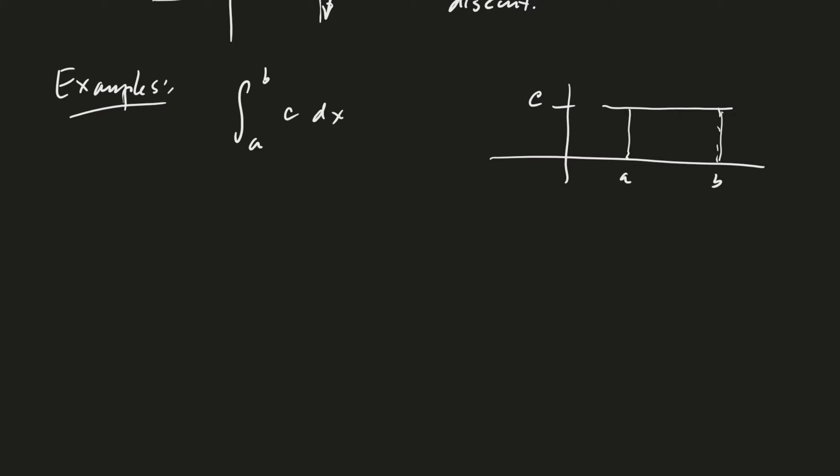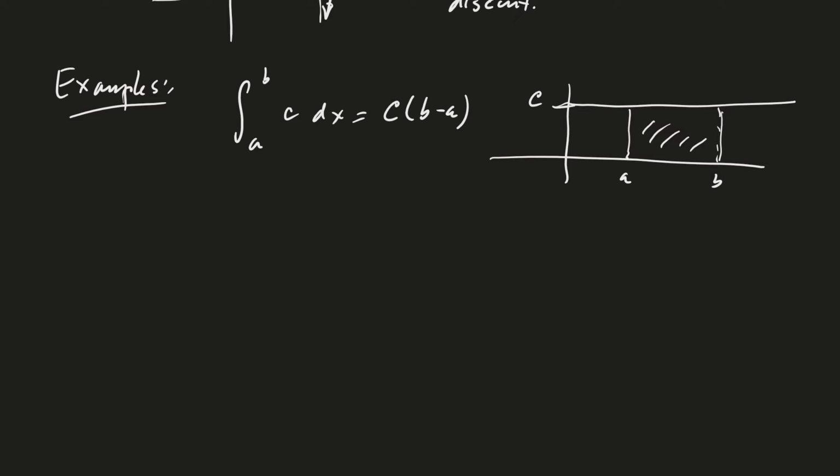What is the integral going to be in that? Good. The integral is going to be the area of that rectangle. What's the area of the rectangle? C times b minus a.